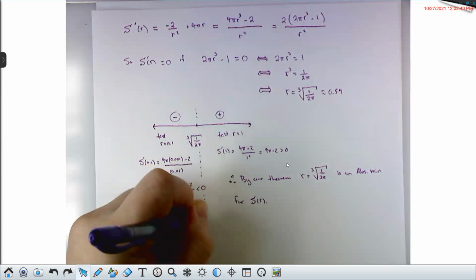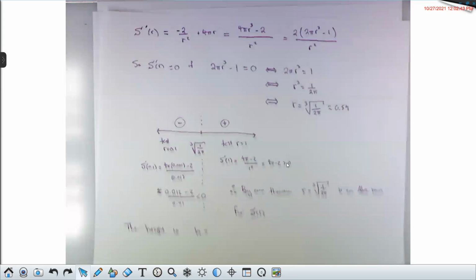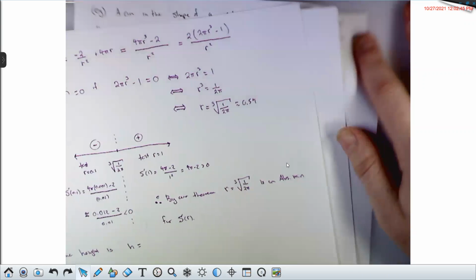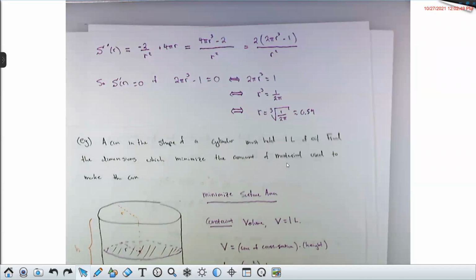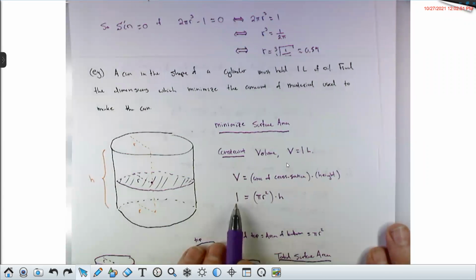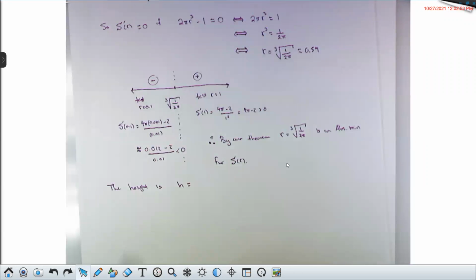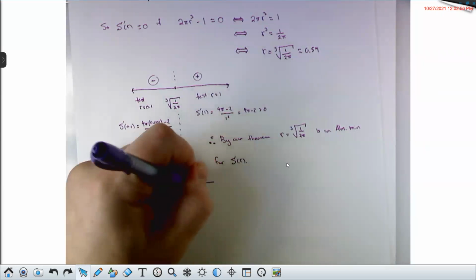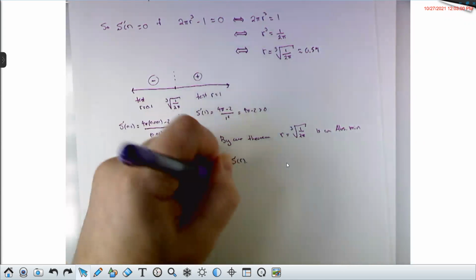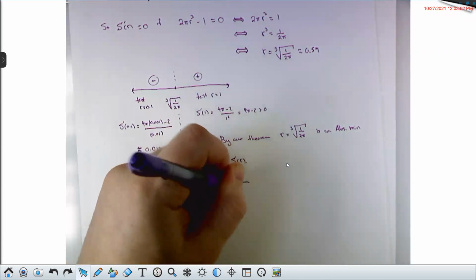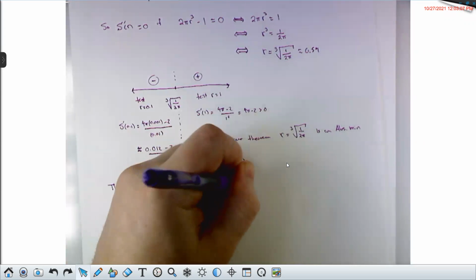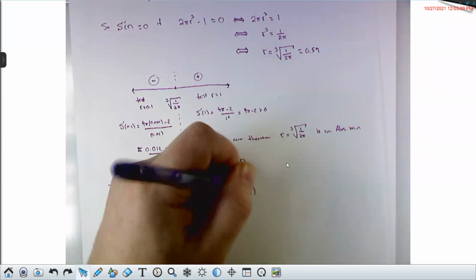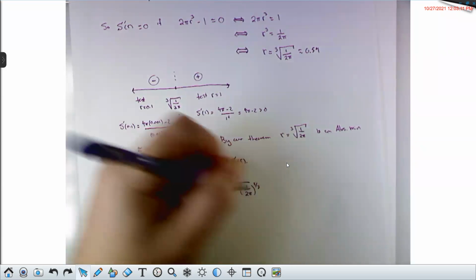H was, what was it? 1 over pi r squared, right? Because 1 is equal to pi r squared. So H is 1 over pi r squared, which would be 1 over pi times this number squared, which is 1 over 2 pi to the 2/3.